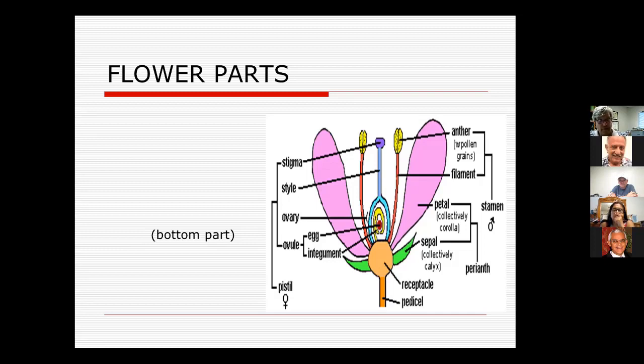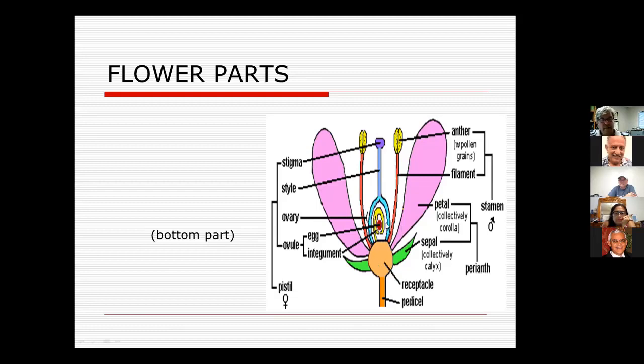So you have the protective layer of the sepal when it's developing, and then as it opens, you have the petal. When you have the petal and the sepal together, sometimes that's called the perianth. You don't have to know that as a horticulturist, but a biologist may throw in that word. So you have the sepals, the petals. That's the pretty part typically.